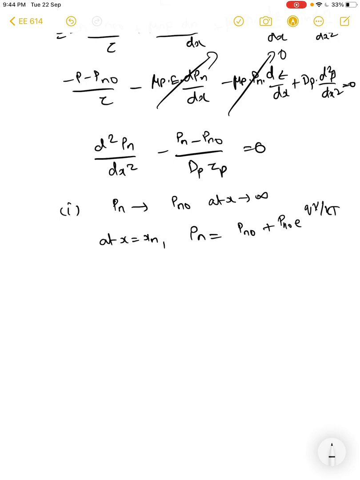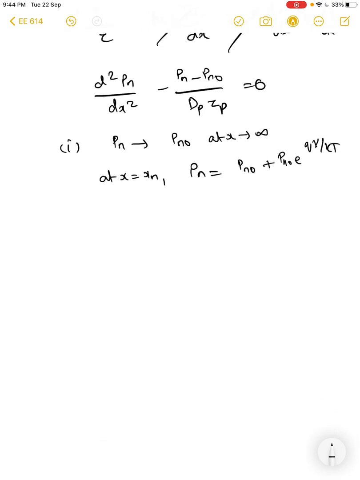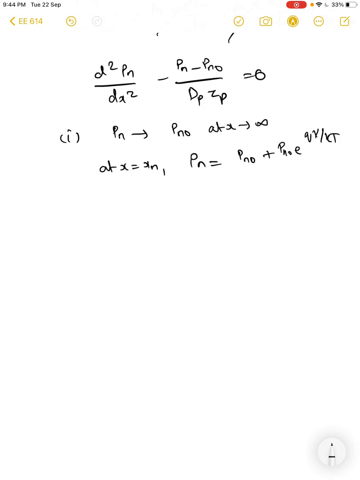Under these two conditions, the solution for this differential equation will turn out to be pn of x is equal to pn naught plus pn naught into (e power qV by kT minus 1) into e power minus (x minus xn) by Lp.